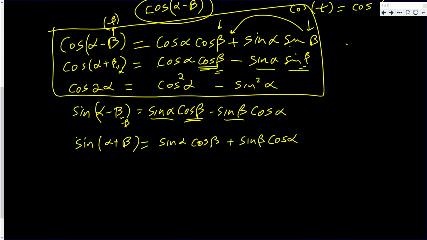Okay, now if I let beta, I meant to say, if I now let beta become alpha, so now I'll get sine of alpha plus alpha, 2 alpha. So I have sine alpha times cosine alpha plus, the same thing, sine alpha cosine alpha.